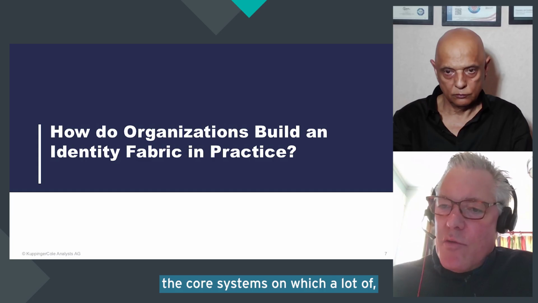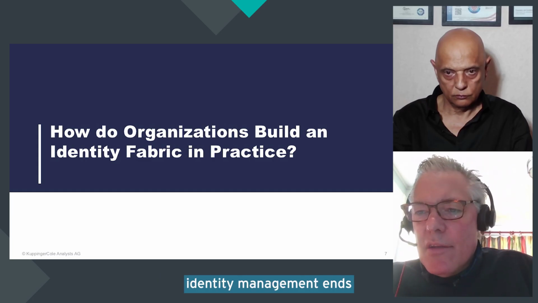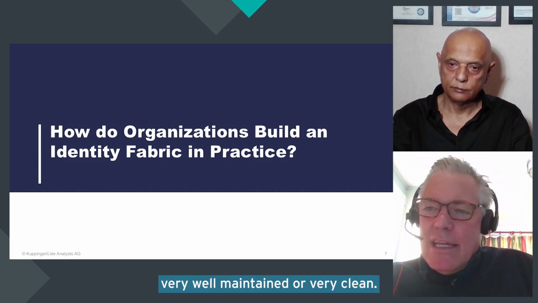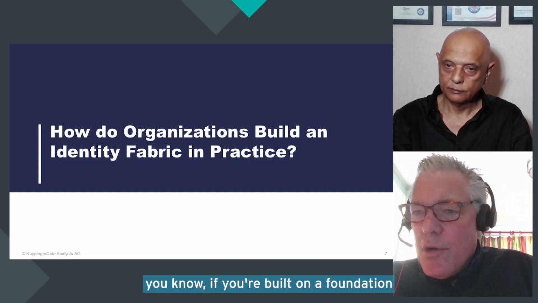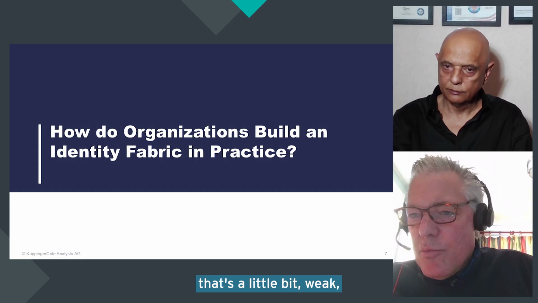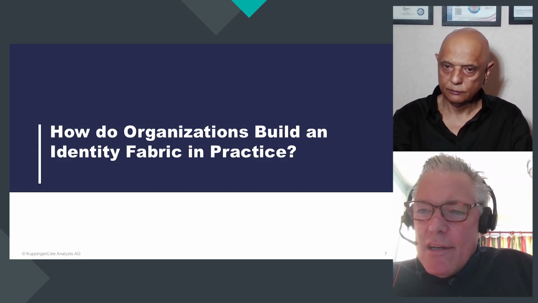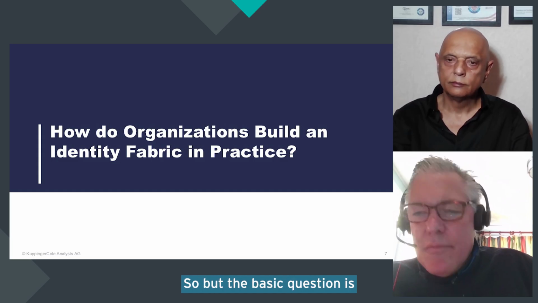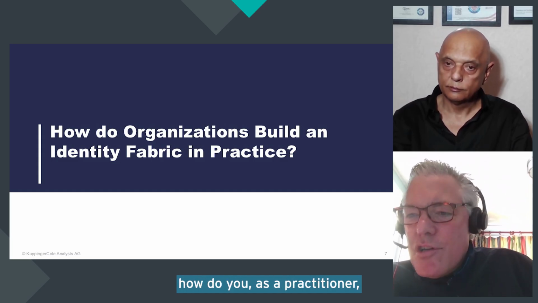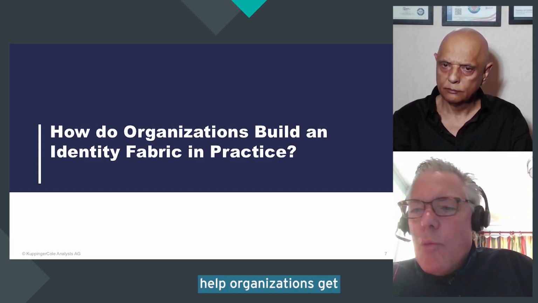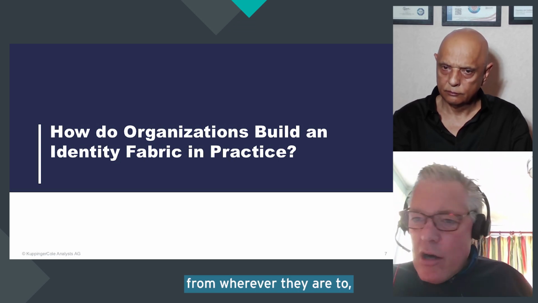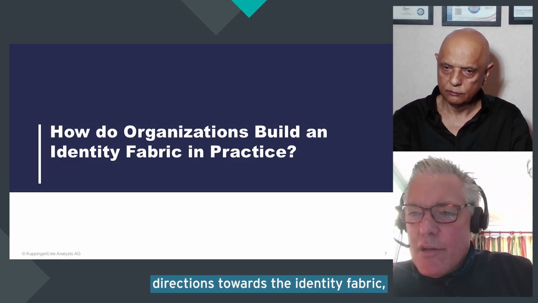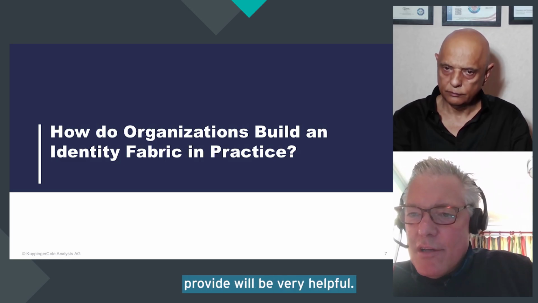The core systems on which a lot of the identity management depends aren't necessarily very well maintained or very clean. And so, if you're built on a foundation that's a little bit weak, obviously the structure you build on top of it isn't going to be that great. But the basic question is, how do you, as a practitioner, help organizations get from wherever they are towards the identity fabric? Any insights you can provide would be really helpful.